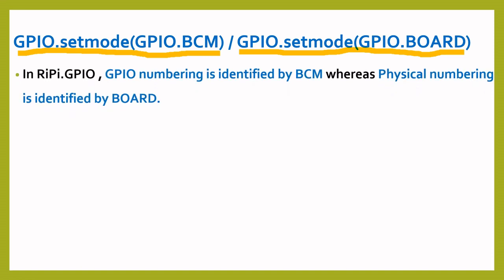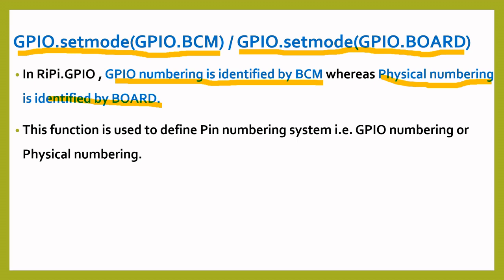As we learned already, GPIO numbering refers to BCM, that is Broadcom System on Chip, and physical numbering refers to BOARD, that is the P1 header of Raspberry Pi. Based on that, we are going to see how the function works. As I already told you, this function is used to define the pin numbering system of Raspberry Pi, that is either GPIO numbering or physical numbering.